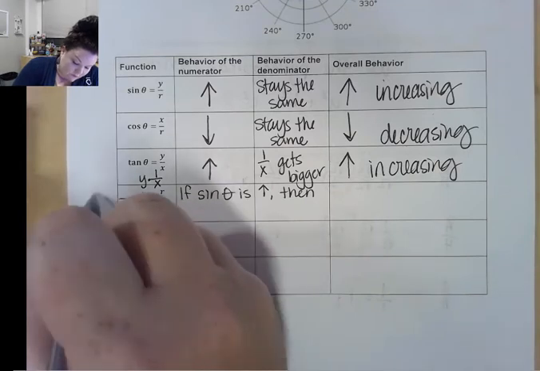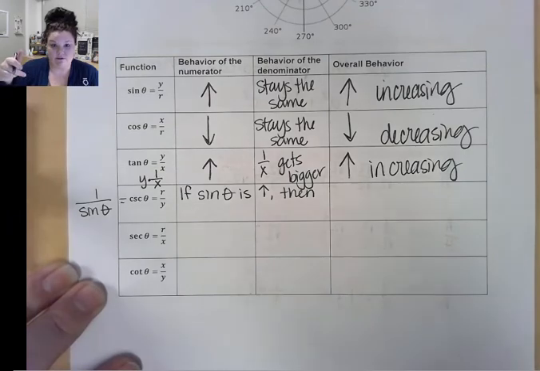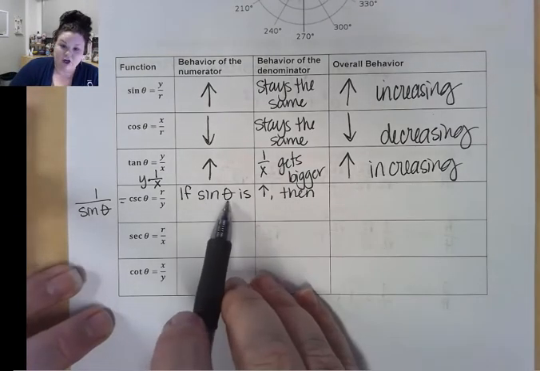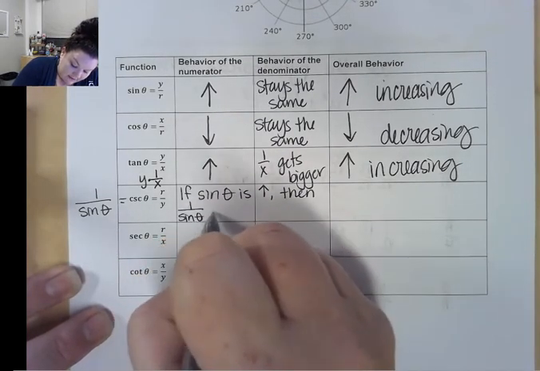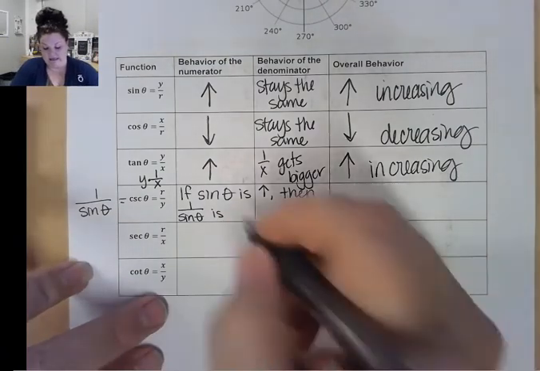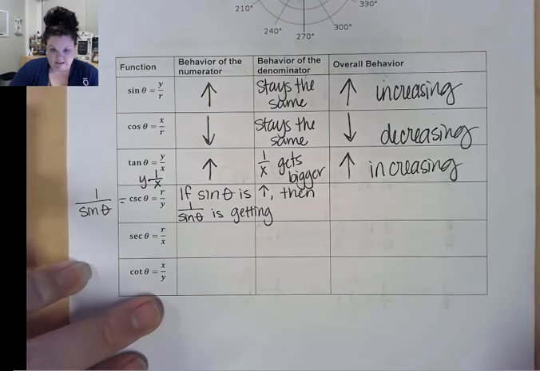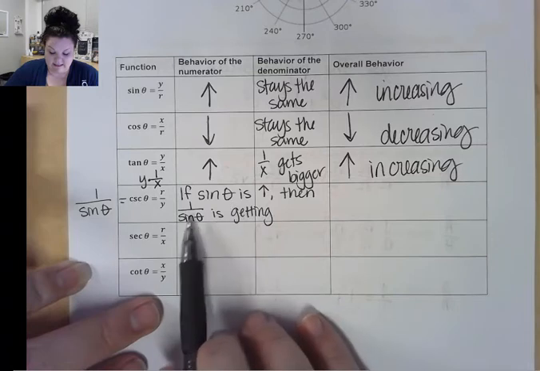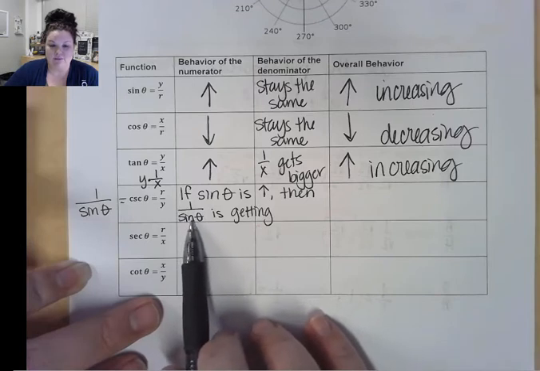This is the same as 1 over sine theta, right? It's the reciprocal. So if I think of sine getting bigger and bigger and bigger, then 1 over sine theta is getting what? If sine theta gets bigger and I stick it in the denominator, then this fraction is getting what?